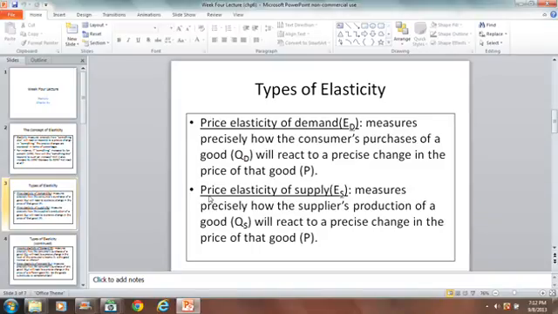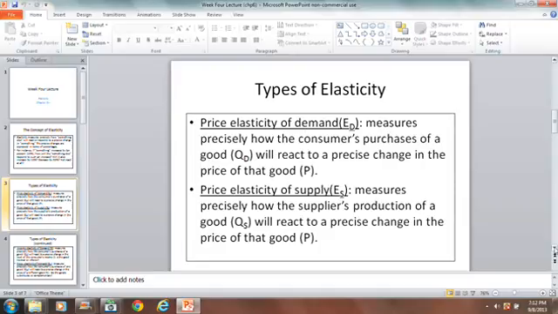If the price, for example, goes up 3%, will a seller increase production by 3%? Will a seller increase production by 10%? Will a seller increase production by 50%? Price elasticity of supply tells us how the quantity supplied will react to a change in price. So it's just taking the law of supply and being more precise with it.